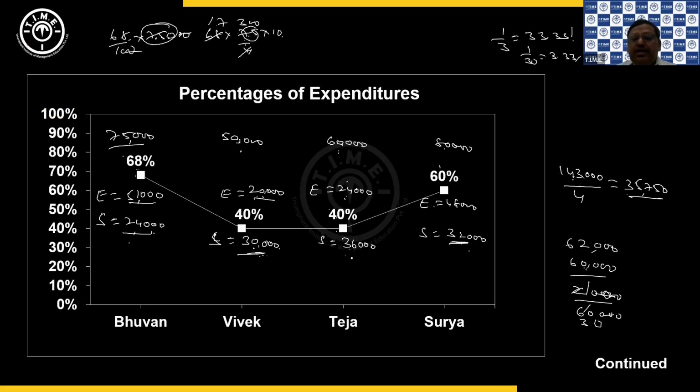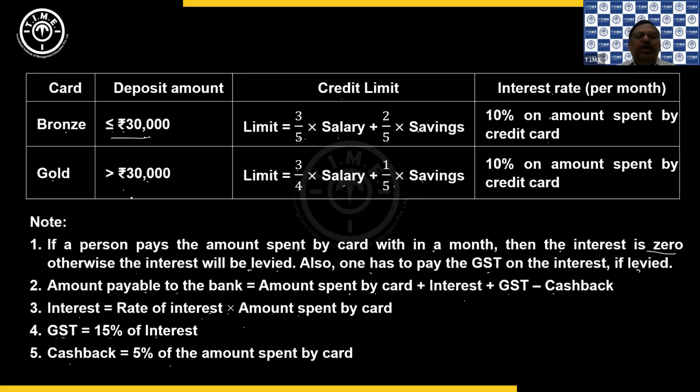Let's see the next person. Next person, Teja. Teja's savings is 36,000, more than 30,000, and salary 60,000. So he will get gold card.